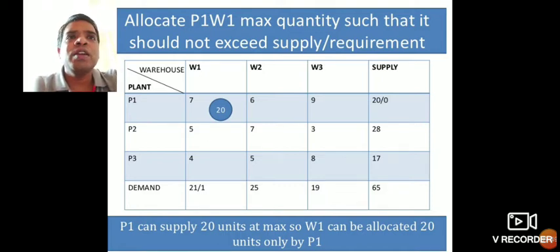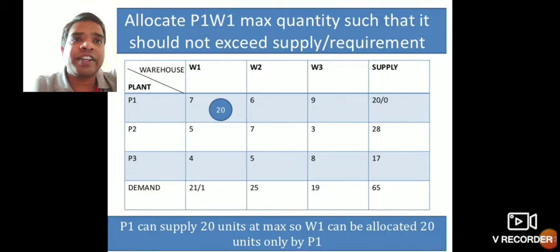Now for P1 and W1, in the first row P1 the supply is how much? 20 is there, and the demand for W1 is 21. Which one is the minimum here? The supply is the minimum, so we can allocate 20 to the northwest corner cell.